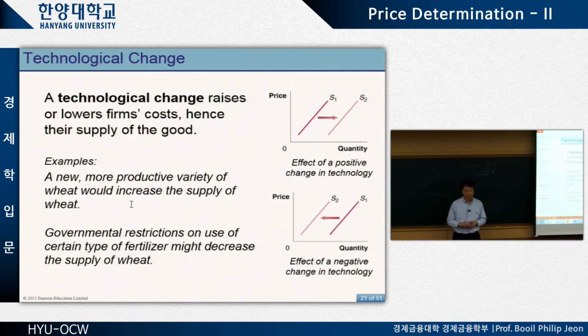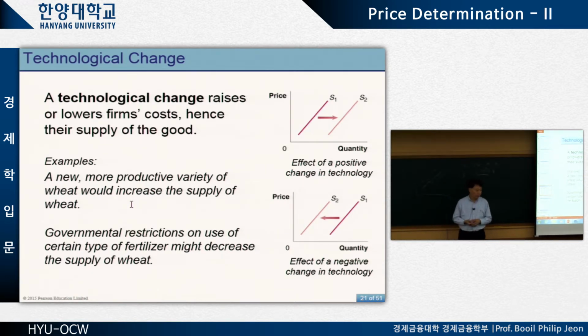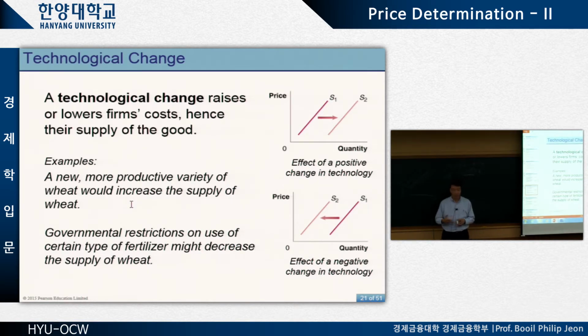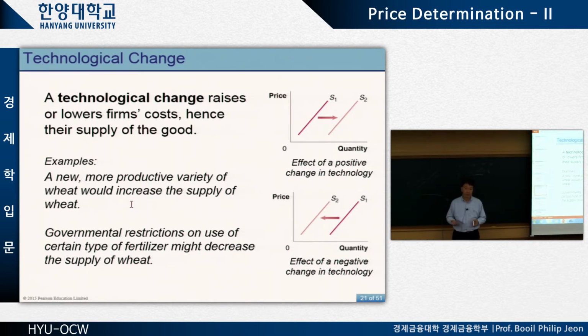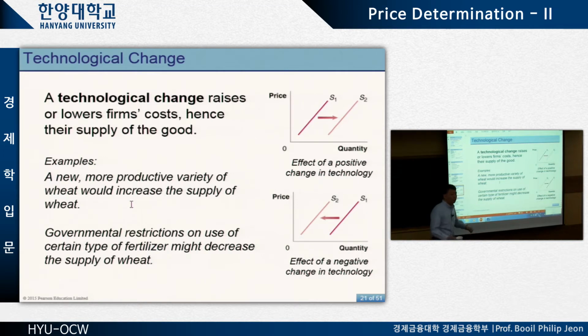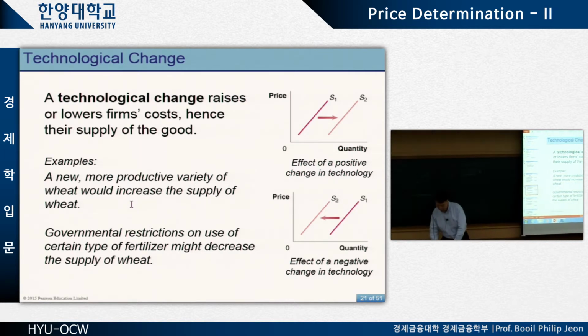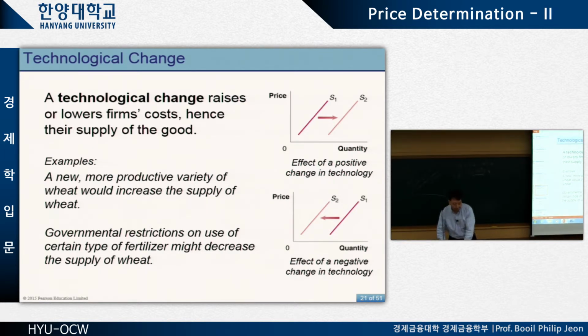In biology, they do a lot of research in genetic engineering, and right now we are eating a lot of products which are results of genetic engineering, genetically improved species of corn, whatever, right? So you can produce a lot more corn using a small amount of resources if you use this genetically improved or modified corn, right?